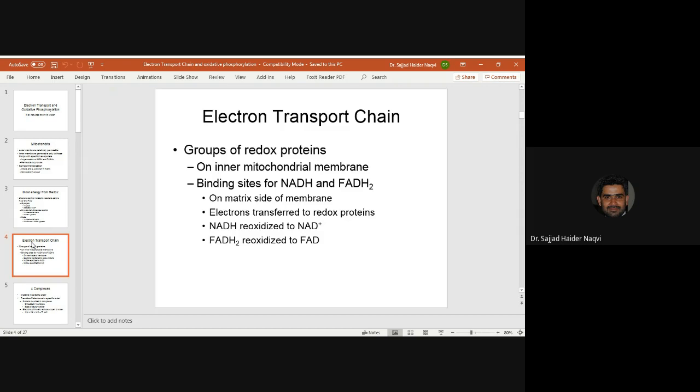And as a result, the NADH is converted to NAD positive and FADH2 is converted to FAD. Once they lose their electrons, they become NAD positive and FAD. And these electrons will be taken up by other molecules, which will then transfer those electrons to the oxidative phosphorylation process, which results in the synthesis of ATP molecules.